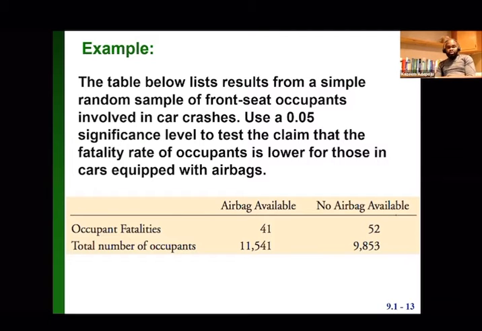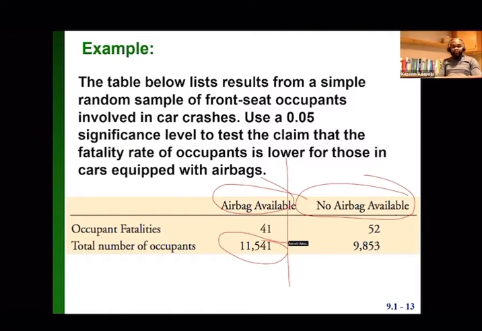But in this question, we want to compare the fatality rate of occupants for cars with airbags and cars where no airbag is available. 11,541 is the total number of occupants in cars with airbags, and 41 of them died in crashes.